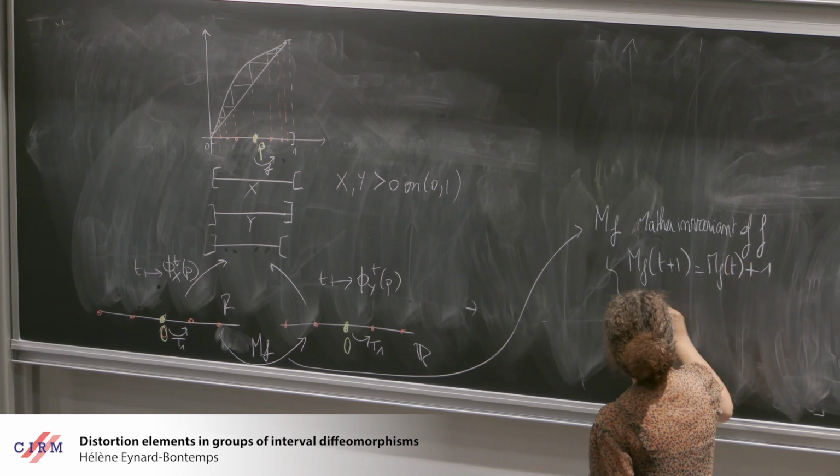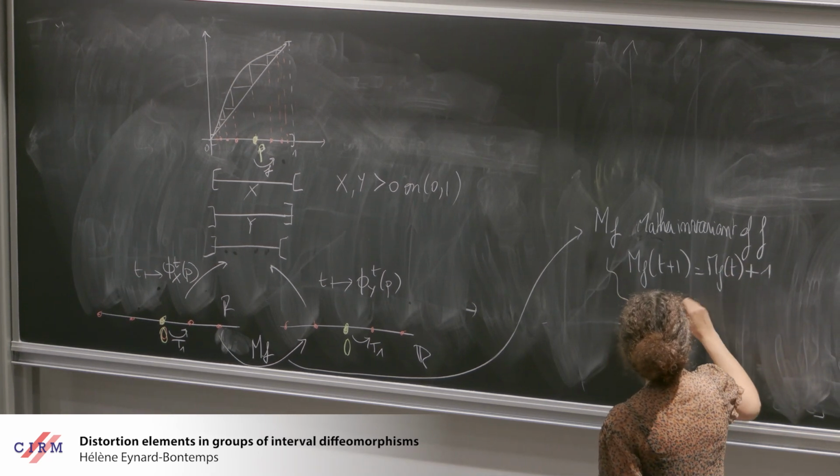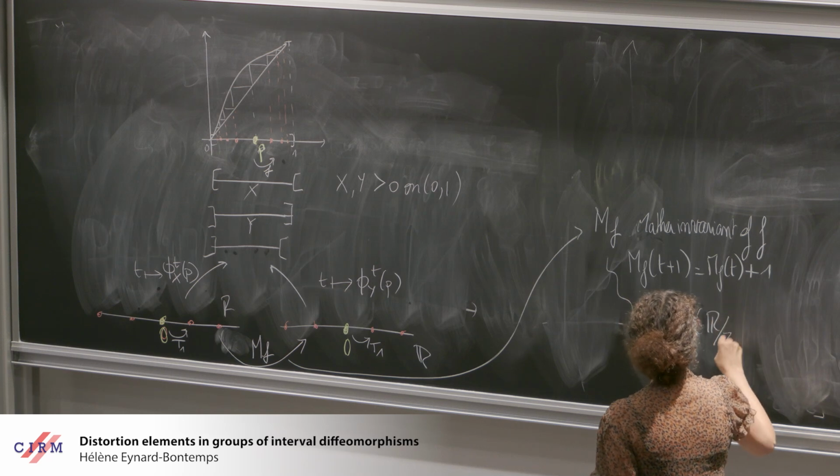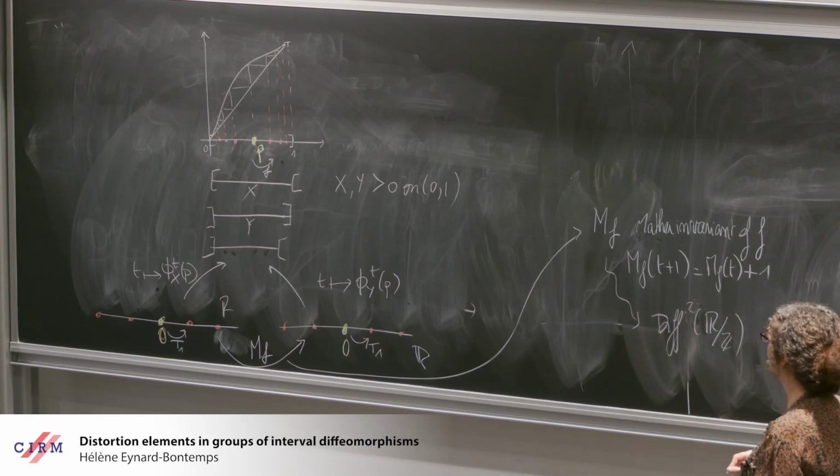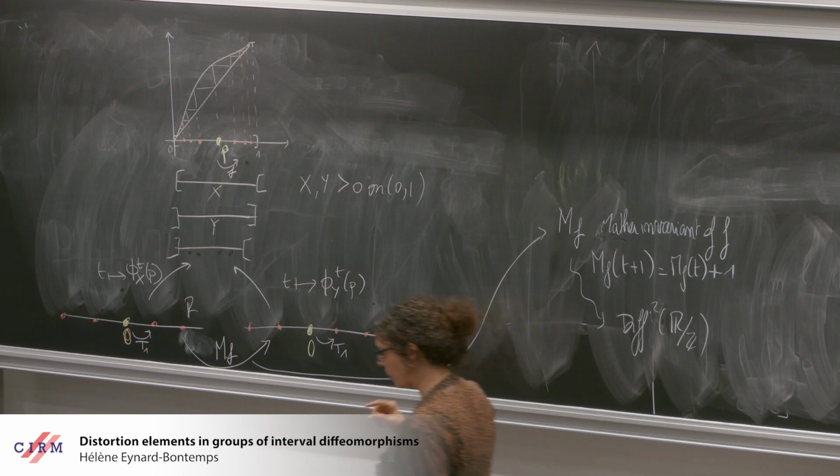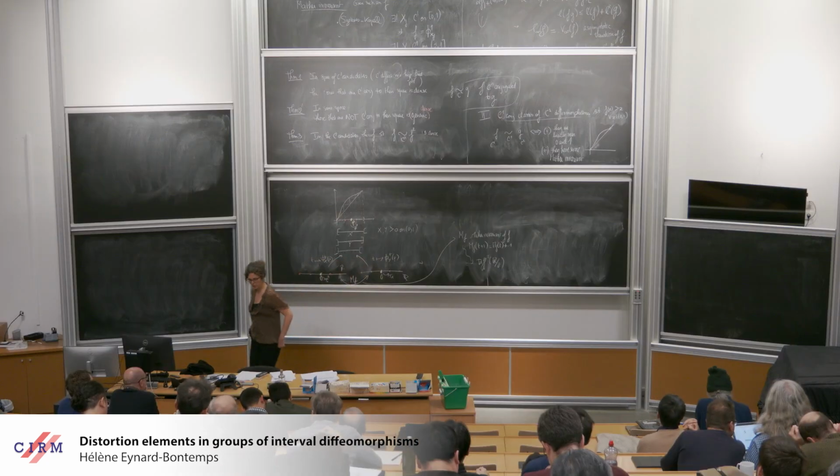So actually, it descends to a diffeomorphism of the circle of the same regularity as F, which I assume to be C2.